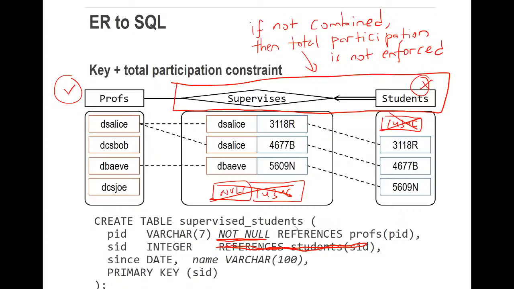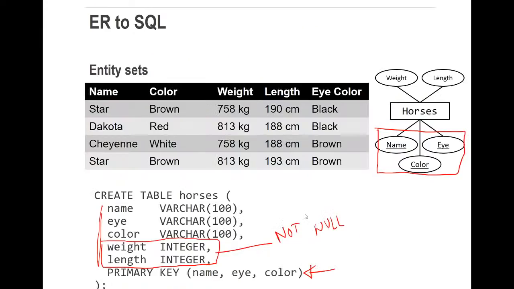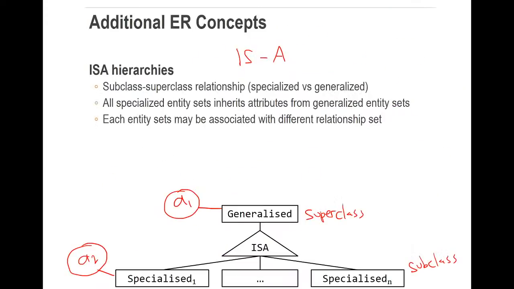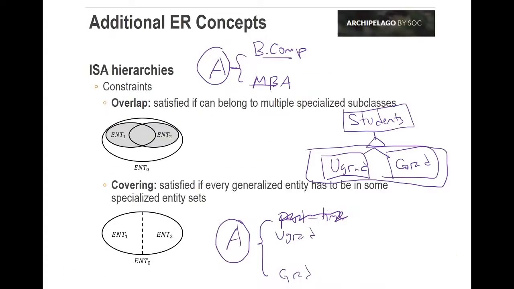Can you quickly go through the ISA covering? The covering constraint basically says that a student must be either an undergrad or a grad. It can be both, but it must be one of them.